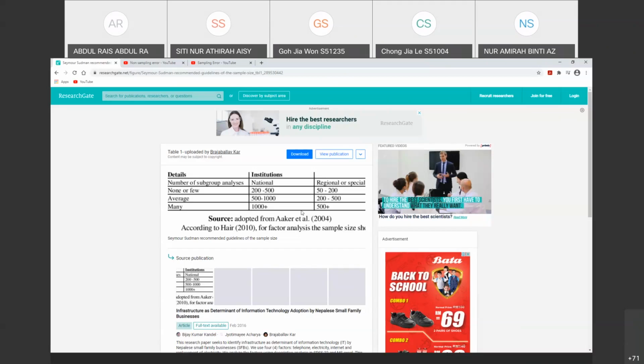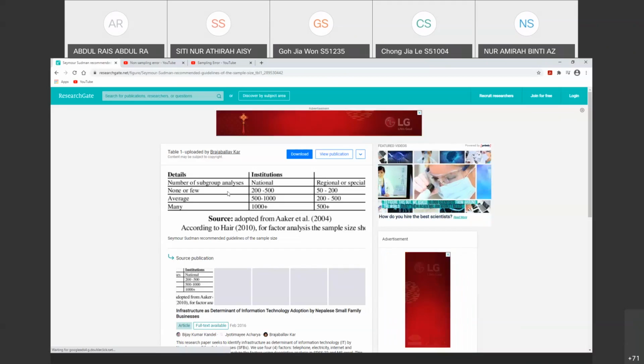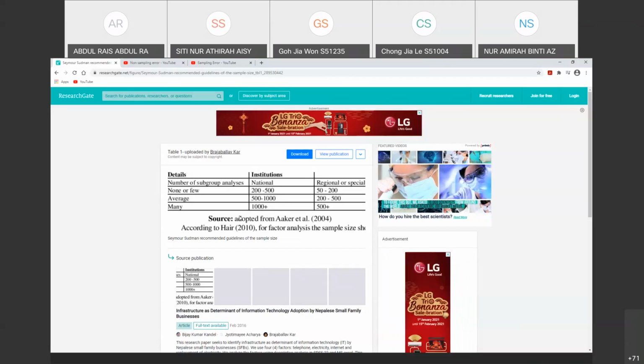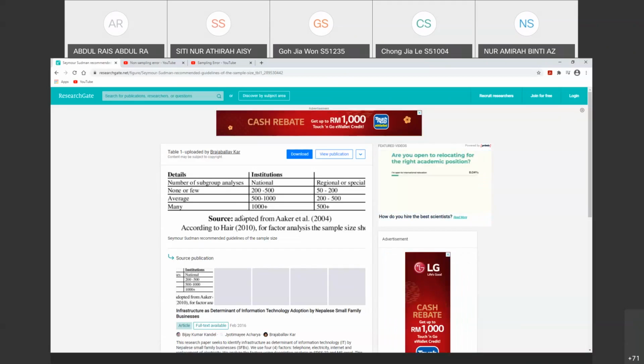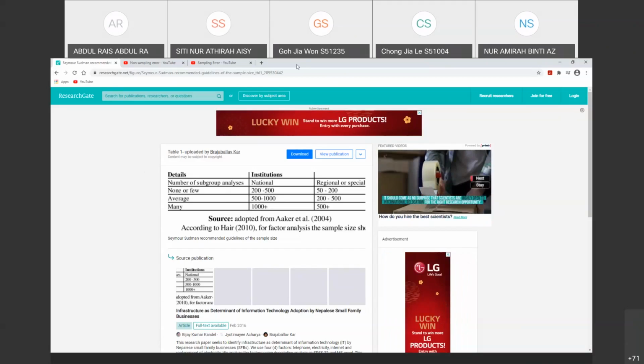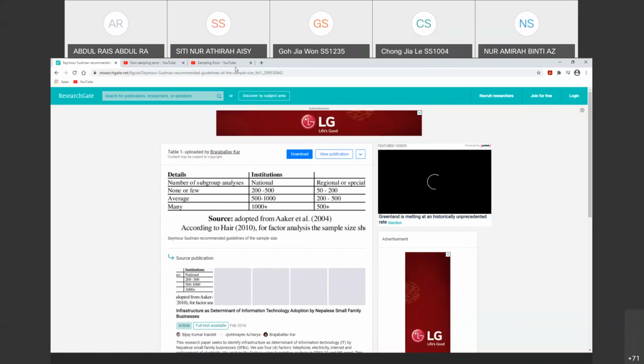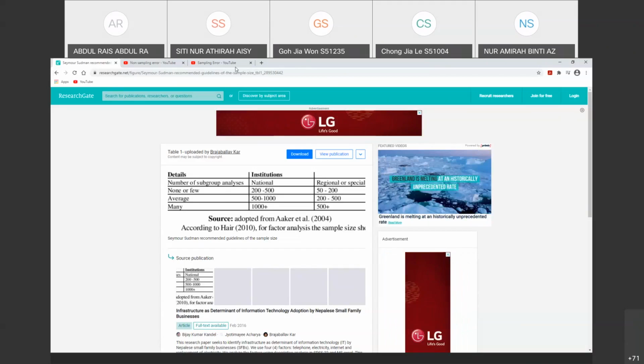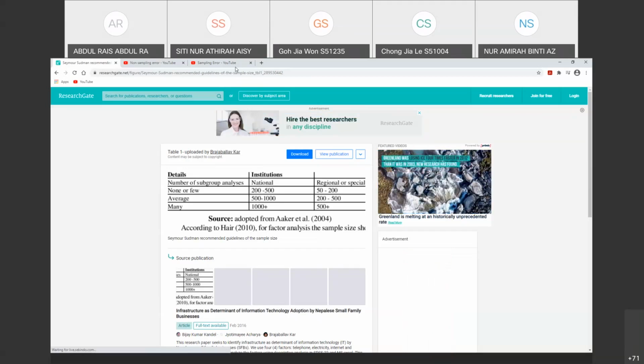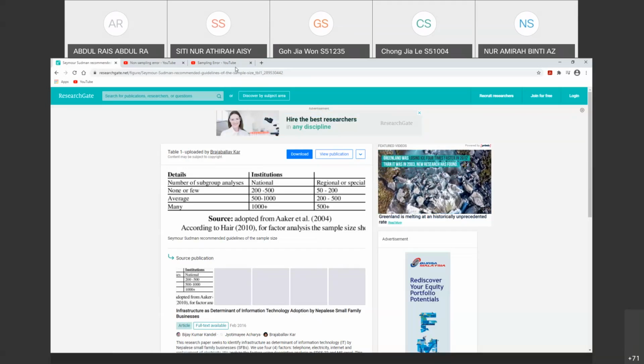Okay, so this is another example of a rule of thumb, and this one is actually Sudman 1966, but this has been adopted by Aker and Hare, right? But if you somehow manage to get a statistic of a certain population or prevalence of, misalnya contoh penyakit kronik ataupun malnutrition for whatever, you can use those figures and select any appropriate sampling calculation to calculate the population for your studies.